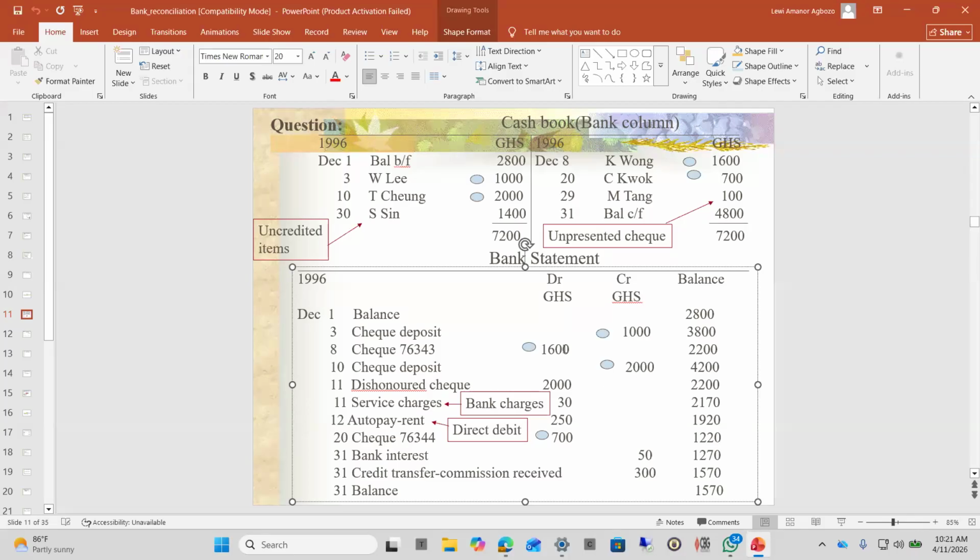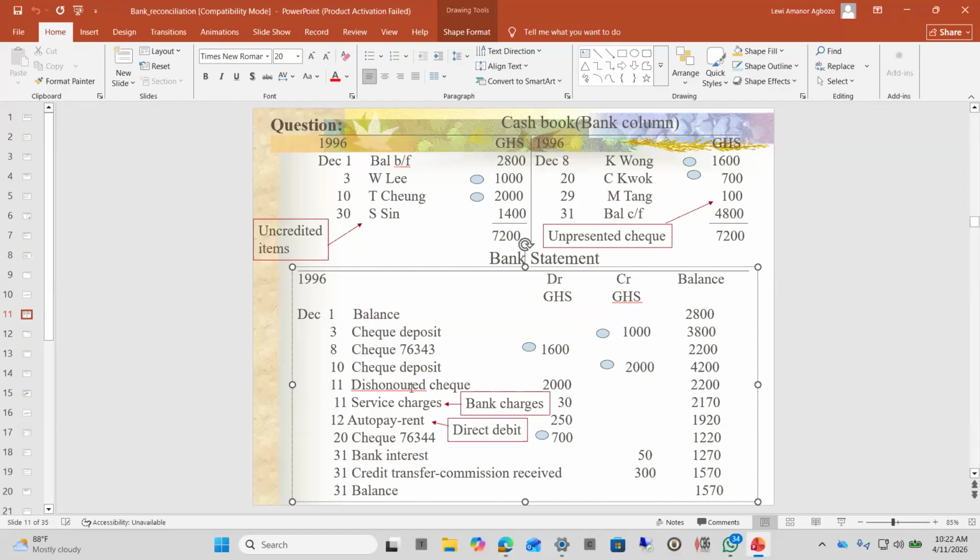Before that check was received, our balance was 2,200. Then when we received the check and sent it to the bank, it became 4,200. Then when we took the bank statement, we realized that the 2,000 was taken back and the balance went back to 2,200. And then we saw from the bank statement that the check was dishonored. Is that correct? Yes, sir.